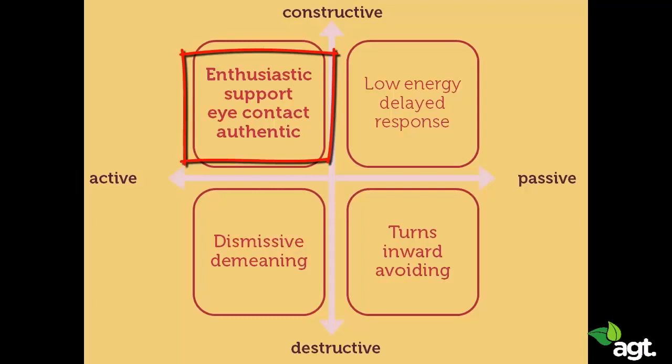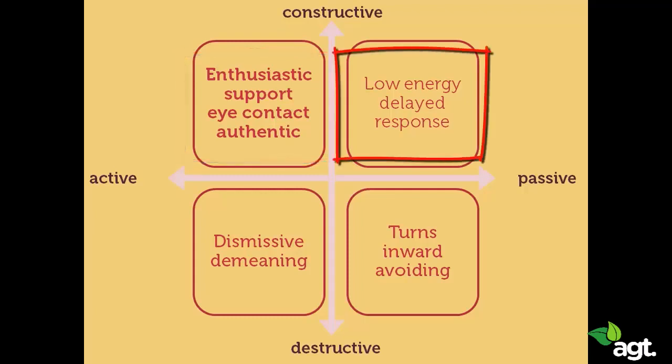Active constructive responding would be: that's great, that's awesome, tell me more about it, I know you've been working so hard for it. Wow, so where were you when they told you? Tell me exactly, tell me everything about it. You're enthusiastic about it, you maintain eye contact, and you display positive emotions. This is what's called active and constructive, and this is what makes relationships flourish.